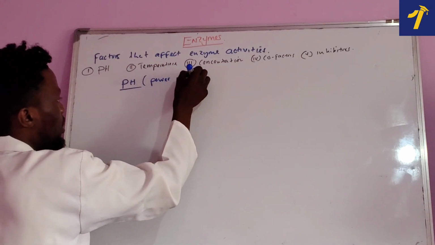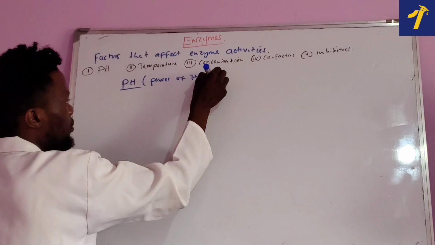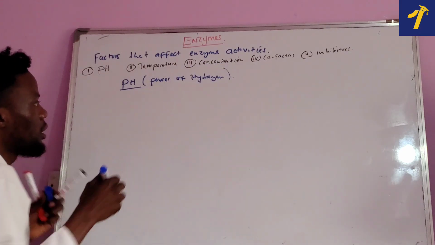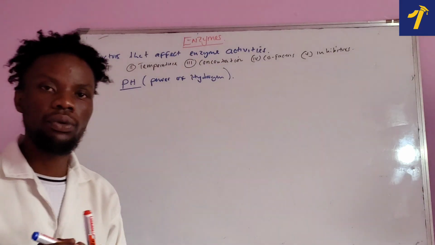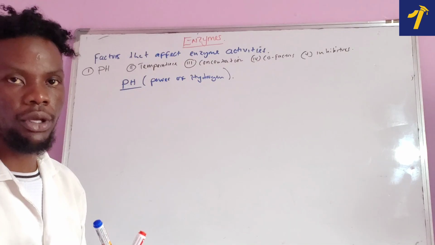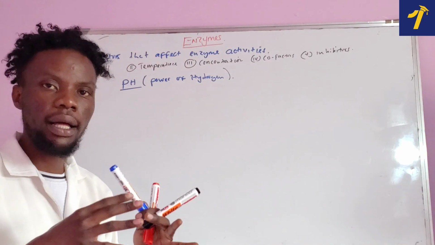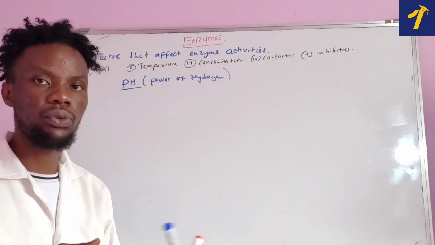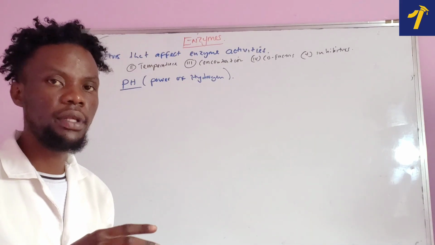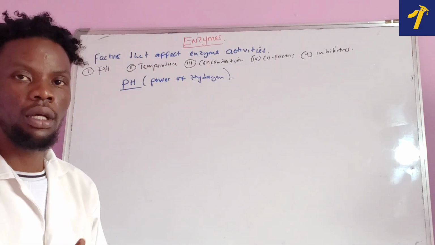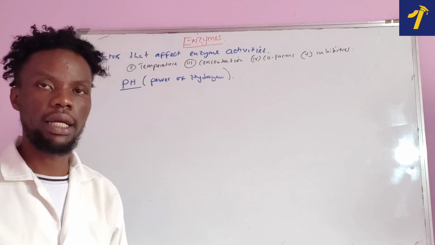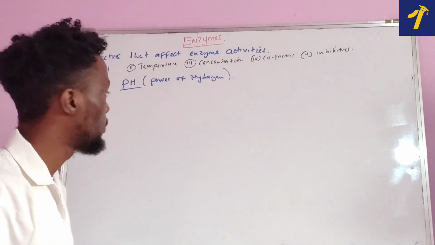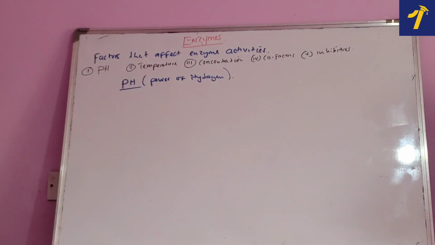And if you want to understand the pH, we need to remember the pH scale, so that we can remember if the solution is acidic, neutral, or alkaline. So let us write about the pH scale.